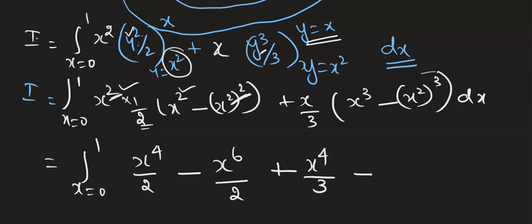This 2 into 3, 6. Outside it is 1. 6 plus 1, we will add the power only. Correct? So 6 plus 1, 7. X power 7. This by 3 is common for both. And then dx.